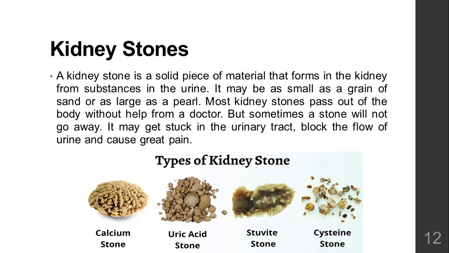It can be as small as a small grain of sand. A small kidney stone can be easily passed in the urine. And in some cases of kidney stones, the size is as large as a pearl. So that is a big stone.